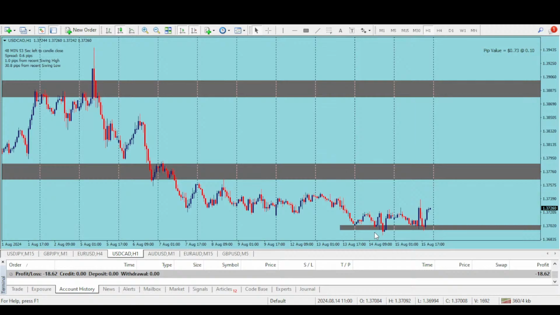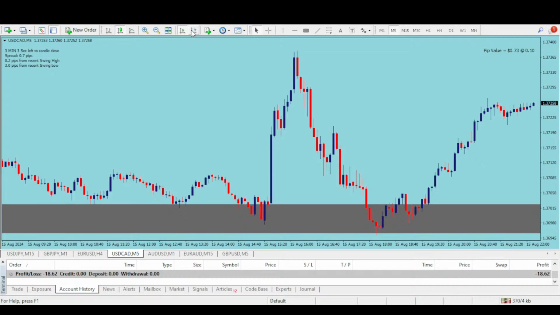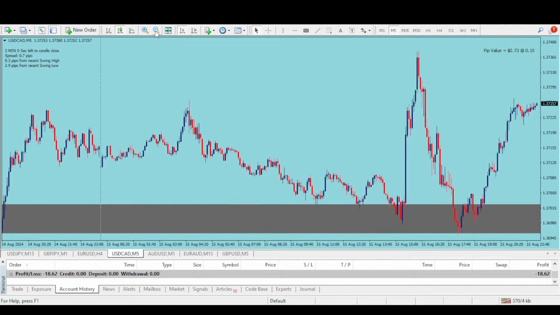So if you find that this area or this zone has been holding good, having seen all these areas, we can come down to 5 minutes if you want to play on a lower time frame.